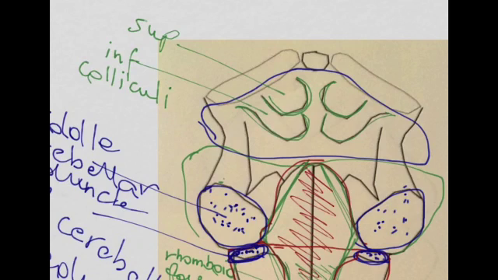And these will be special sensory centers. The superior colliculi are related to vision, and inferior colliculi related to hearing, and we will come back to them in the lecture this week.